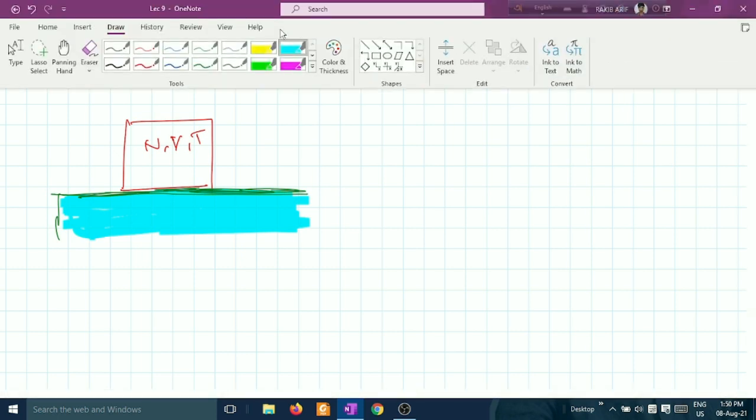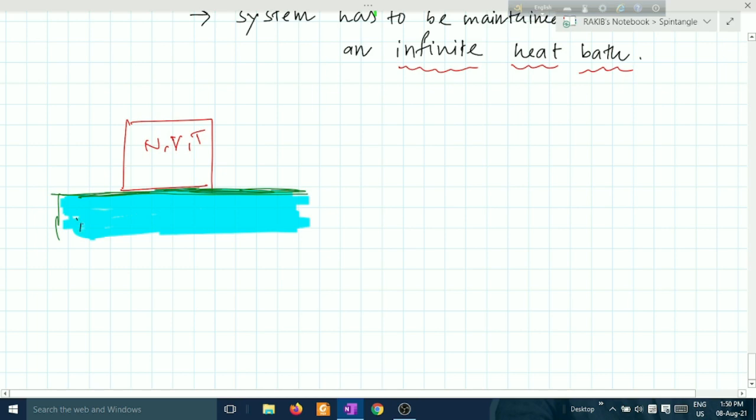Let me write it: infinite heat bath. When the system cools down, heat will enter from this infinite heat bath. The heat bath gives heat when it is needed, and the heat bath also takes heat when the system becomes heated.